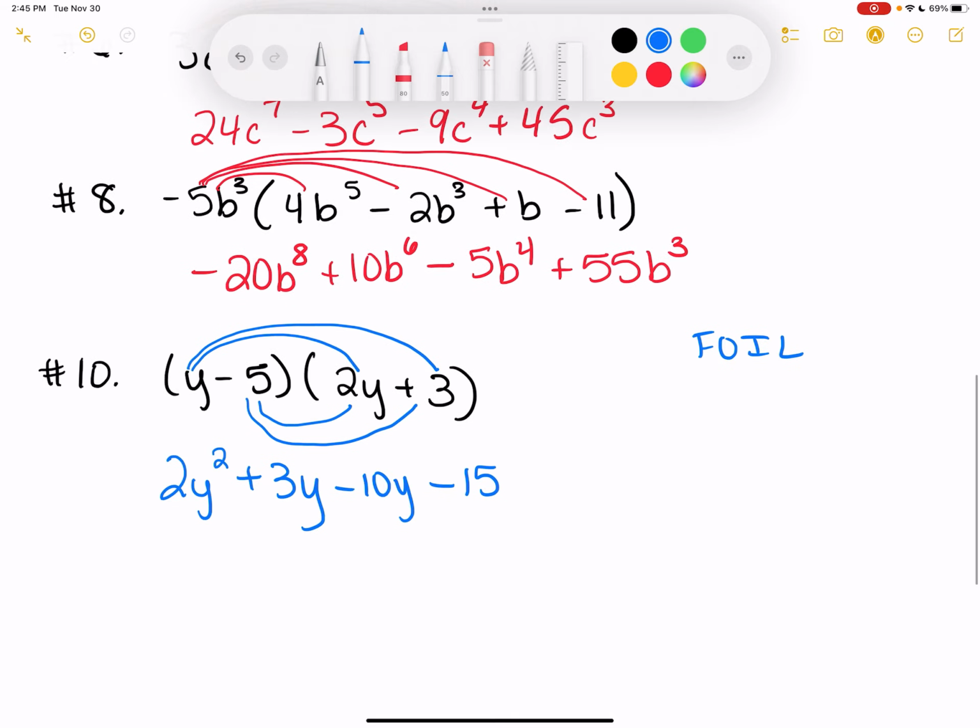Then we combine like terms. These two middle terms are like terms, so 2y squared, 3y minus 10y is negative 7y minus 15.